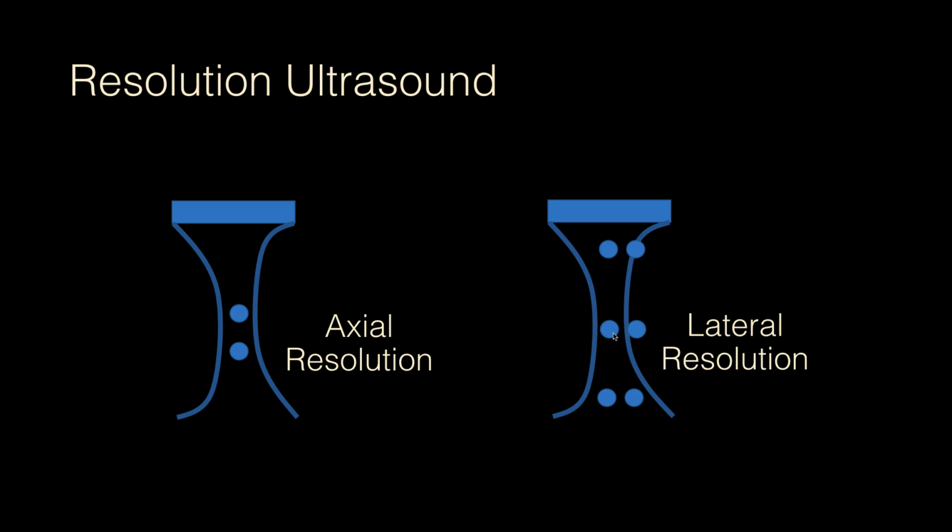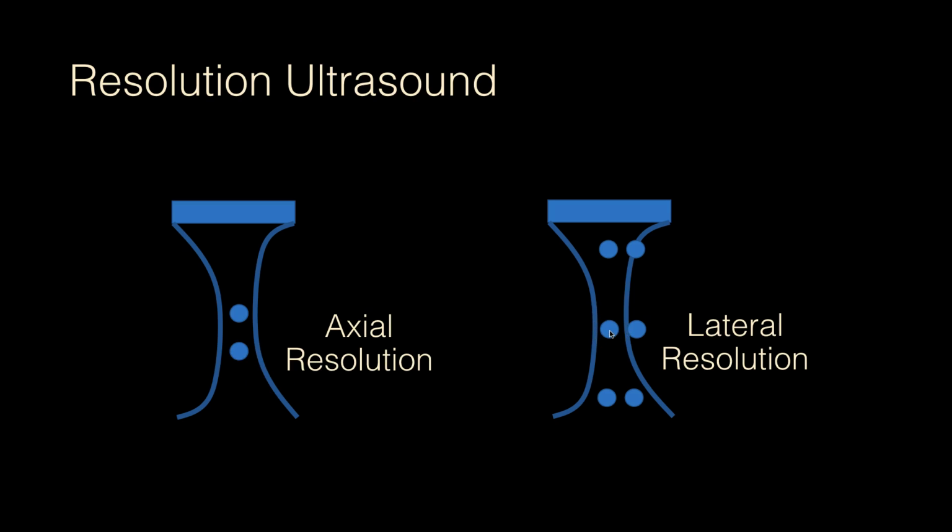So again, we can think of the transducer. We're receiving those sound waves back, and so the timing at which we're receiving them back affects the axial resolution, and that's very similar throughout the field of view. So even if you're a little bit closer or a little bit further away, the axial resolution isn't changing as dramatically as the lateral resolution is.